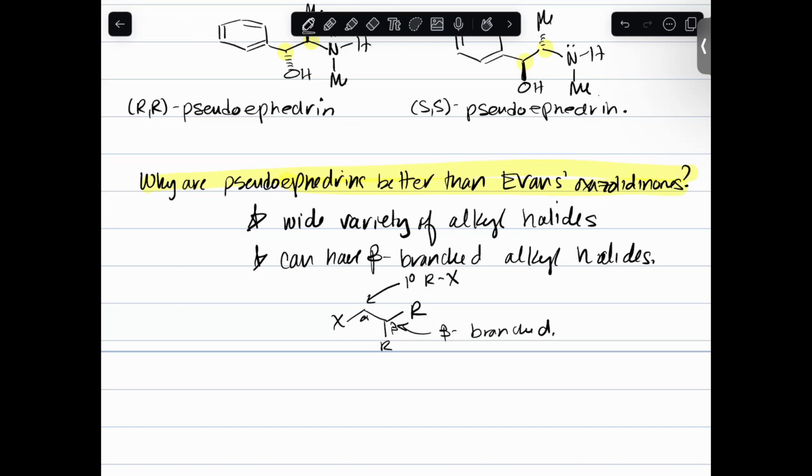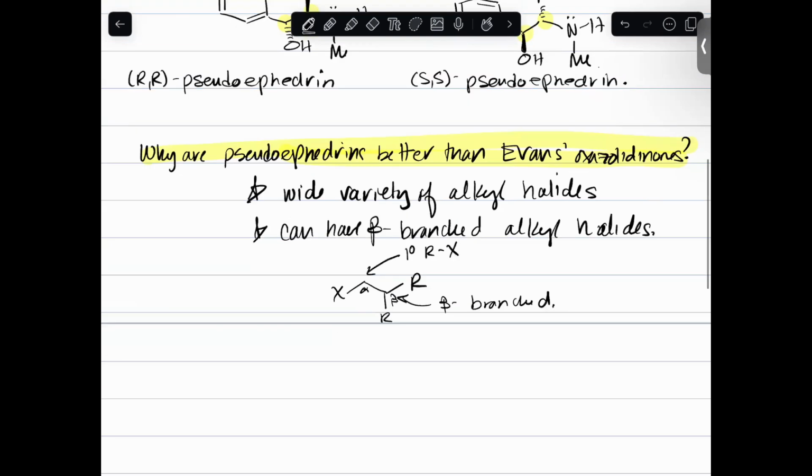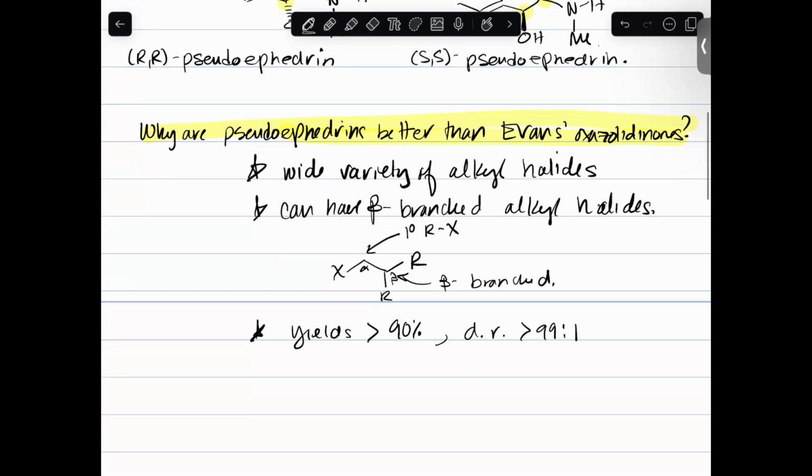With Andy Myers' chemistry, your yields are anywhere between 90 and 99% using beta branched systems. So yields are greater than 90%, and your diastereoselective ratios are greater than 99 to 1, which is pretty neat. You're not limited to the type of alkyl halides you can use for pseudoephedrines.